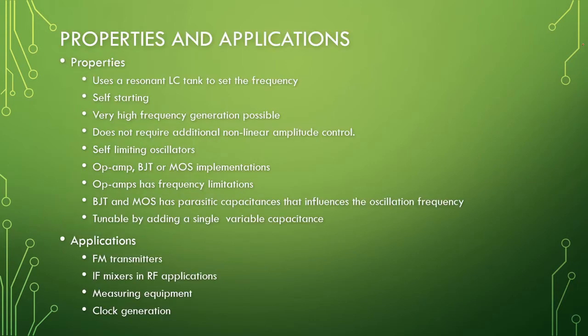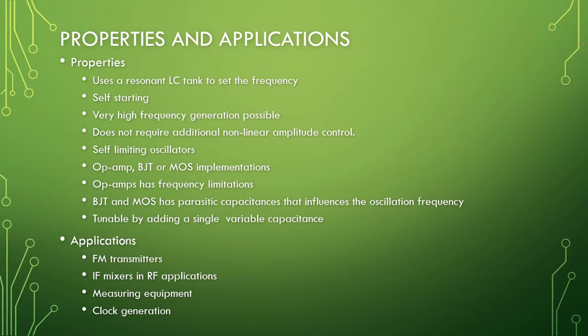Properties. The Colpitts oscillator uses an LC resonant tank to set the frequency. The oscillator is self-starting, and although you can drive the output to a very high voltage, almost to saturation, an LC tank has a very high Q factor, so it basically filters the output.